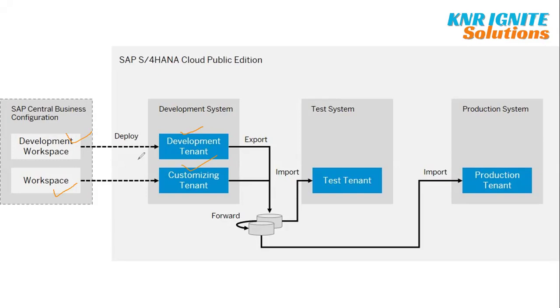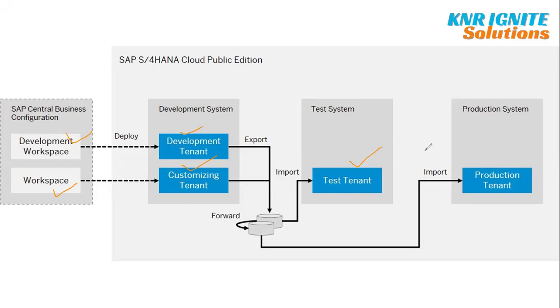So it happens more or less in the same way as we understood earlier, but the only thing is that all the cloud things happen directly in the cloud or separate workspaces, then it will be moved to our respective dedicated development clients. And we don't directly do it in our development client; everything happens in the workspaces. From there, it moves to your cloud servers. From there, we import to our test system as usual to perform various testings, which you call a test tenant.